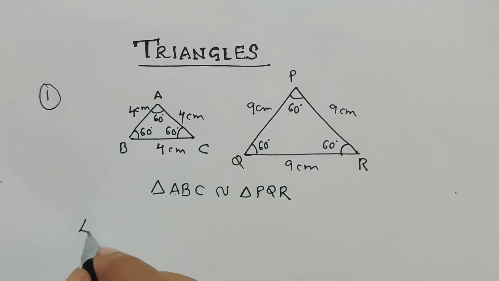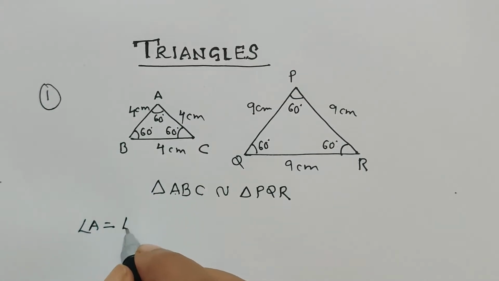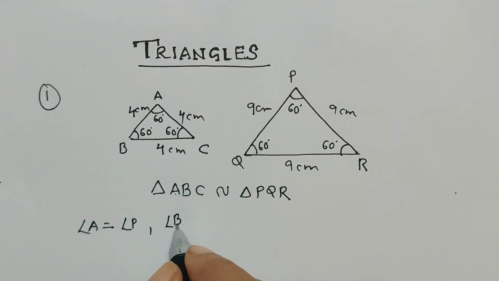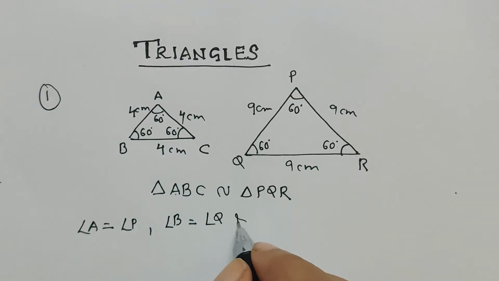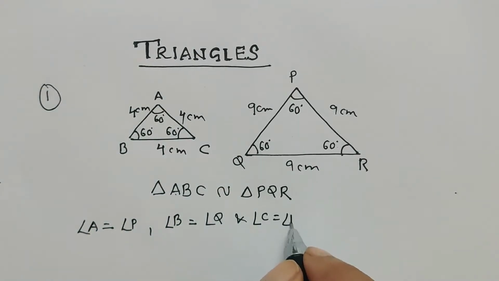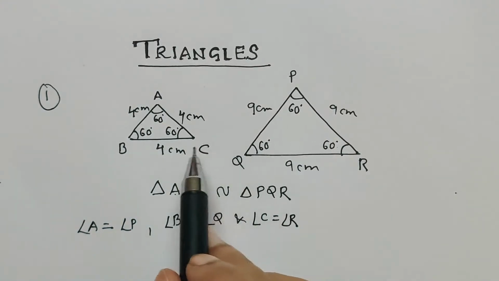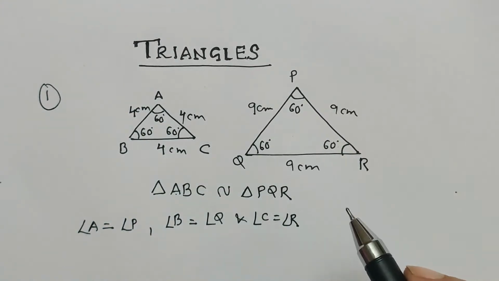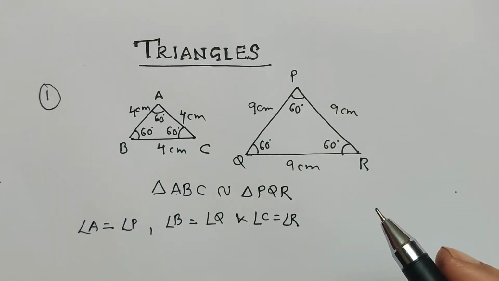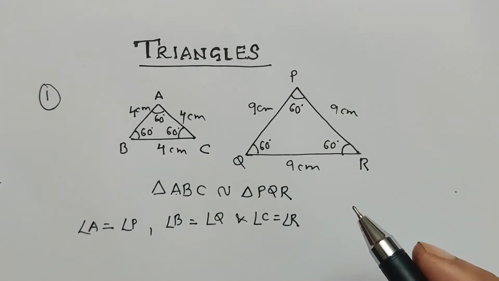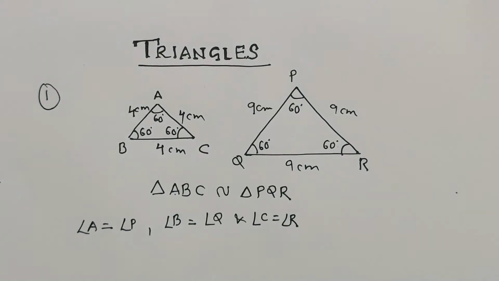That is, angle A is equal to angle P, angle B is equal to angle Q, and angle C is equal to angle R. Here each angle is 60 degree, here also 60 degree. So the corresponding angles by default are equal. We don't have to prove it in any other way because it is clearly visible.